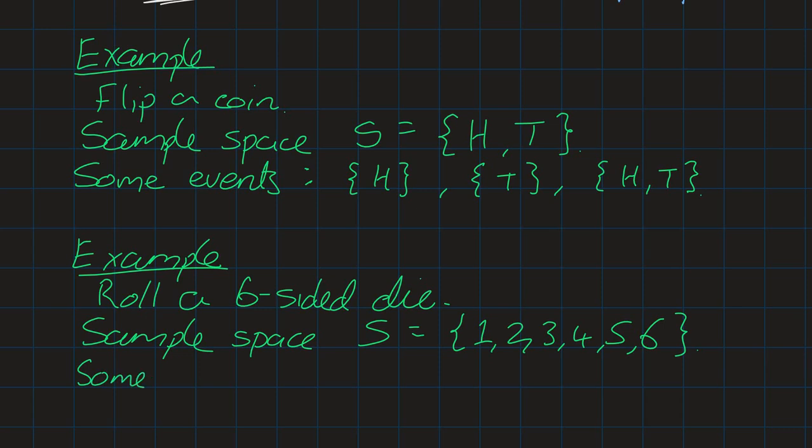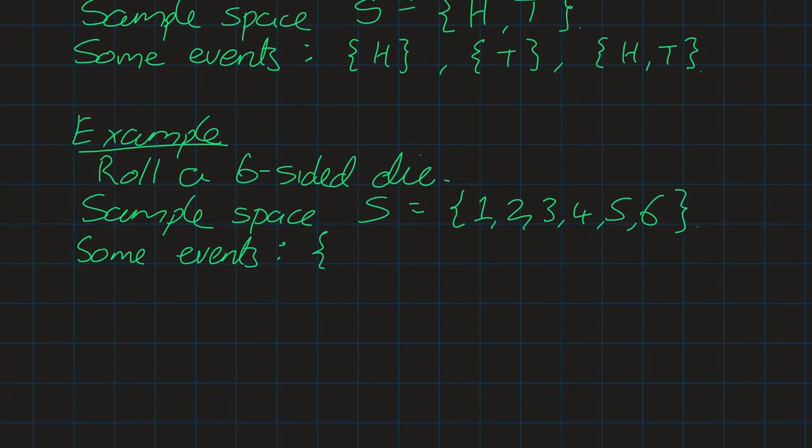And some events that could occur, well, I could have simple events, like I could roll a 1, or I could roll a 2, and so on and so on. I could have more complex events. I could say something like I could roll a 1, 2, or 3.